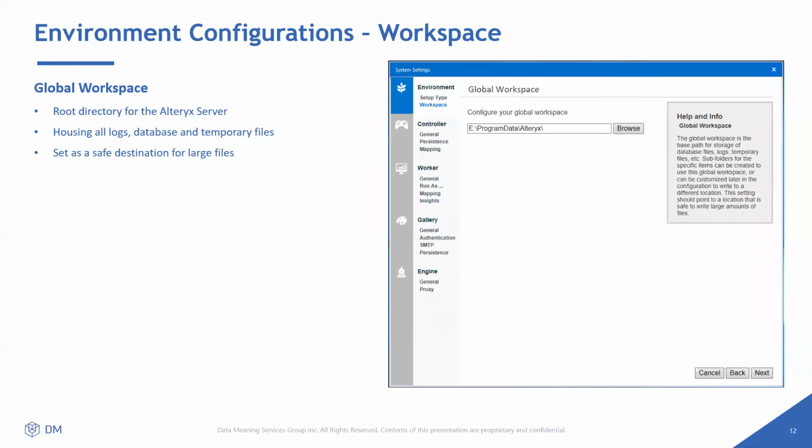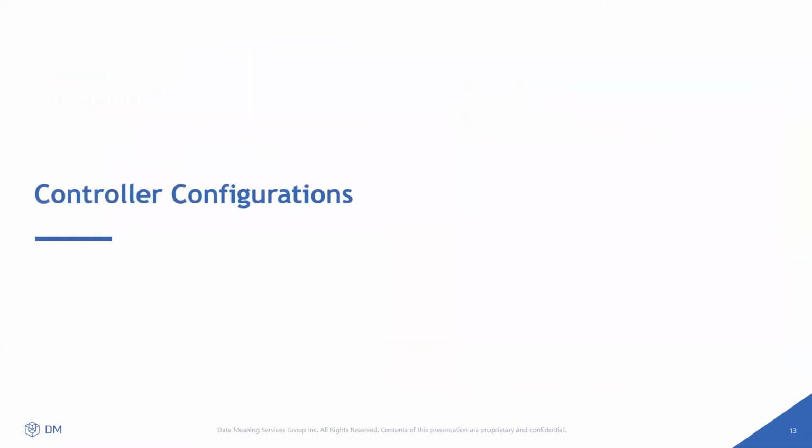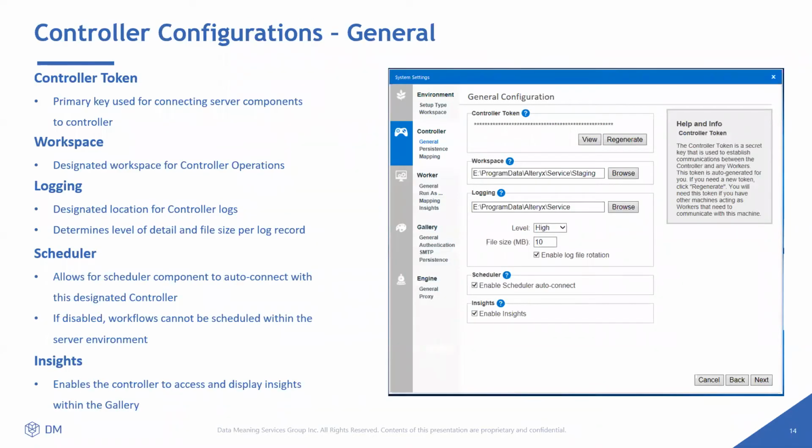So moving a little bit further, we're going to jump into some of these controller configurations. Now, this is when we start getting into some deeper details. The first piece here in this general segment, we have our controller token. I had mentioned this previously, where you can select view to see what this token is, or in a very bad situation, hit regenerate if you do need to recreate a token.